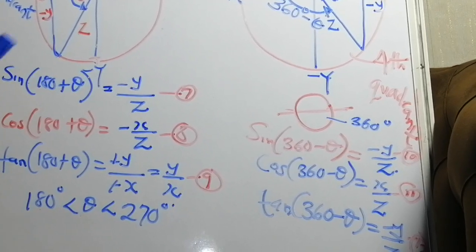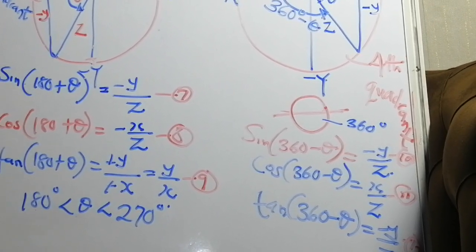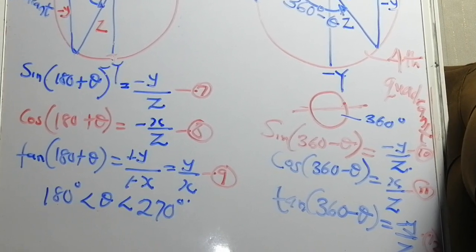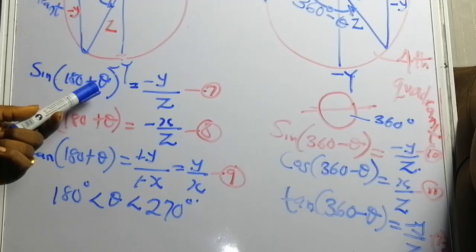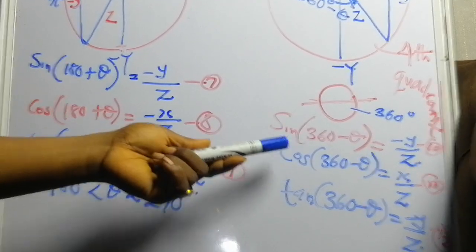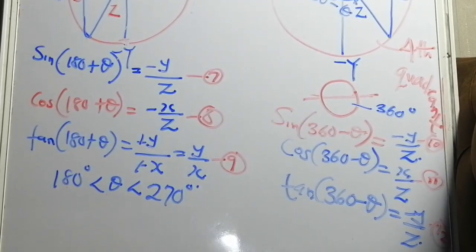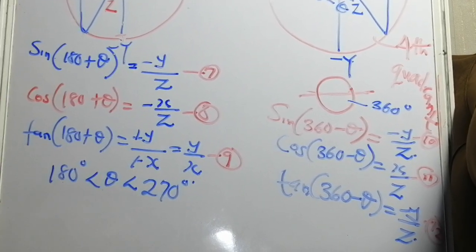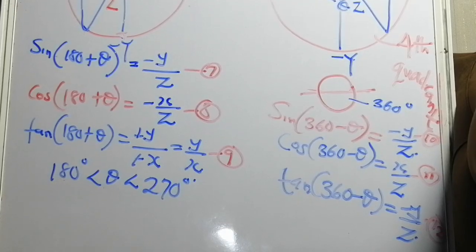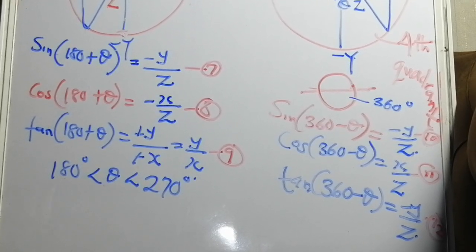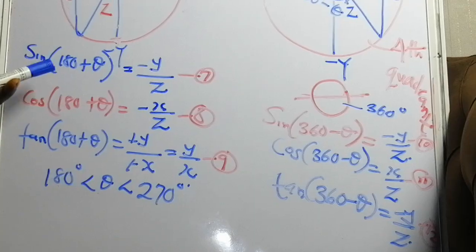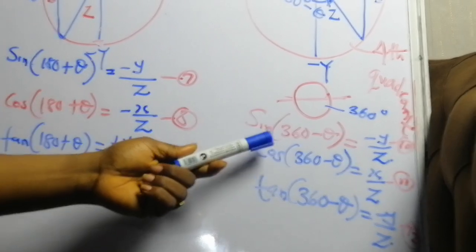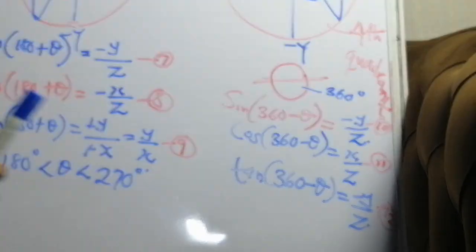Now 220 falls into the third quadrant because it's more than 180. In this case, I can come here and say 360 minus 220, and I'll still get the answer. Or I subtract 180 from 220, and I will still get 180 plus theta. So if I say 360 minus 220, I will still get the same answer.